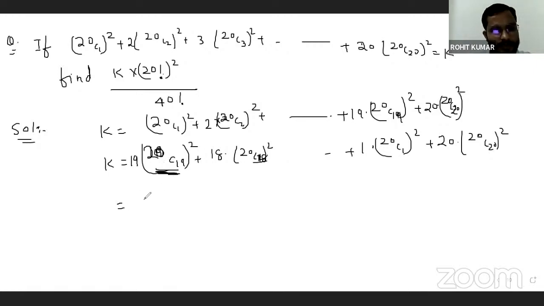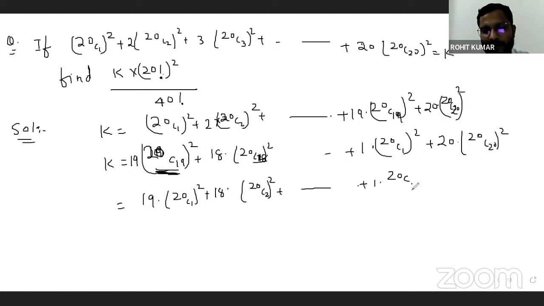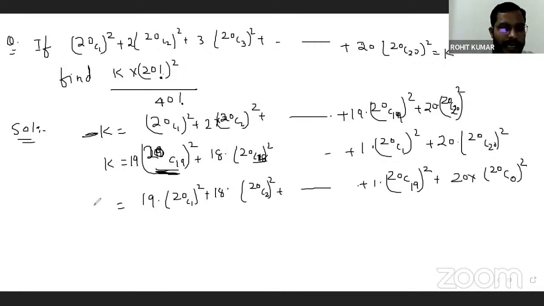20C19 is equal to 20C1. 20C18 is equal to 20C2. 20C1 is 20C19. And 20C0 can be written as 20 into 20C0 square. 20C20 is 20C0. So let's add these two values.